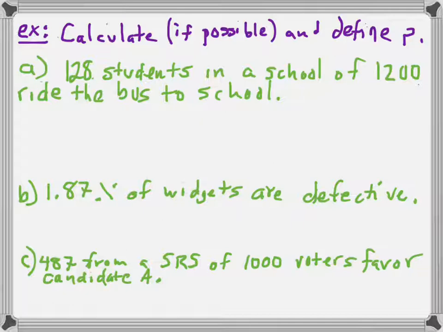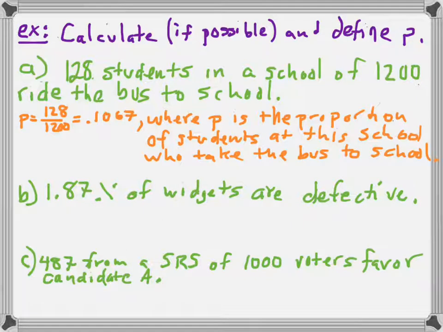If you can try this, you can pause the video and see if you can calculate and define P if possible. Parentheses, if possible, might mean there are some situations where it's impossible, right? Okay, Part A. P is supposed to represent the proportion of the whole population. So in Part A, what's the population?